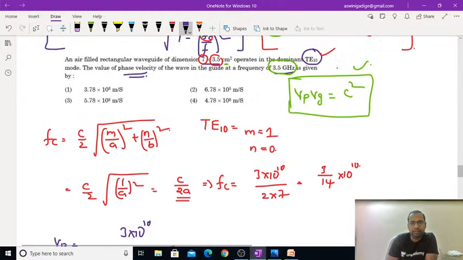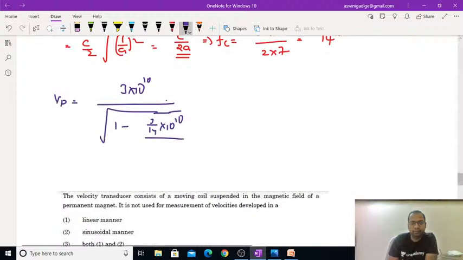What is the f given in the data? 3.5 gigahertz. So 3.5 giga means 10 to the power of 9, whole square. Okay, just find out this expression, guys.